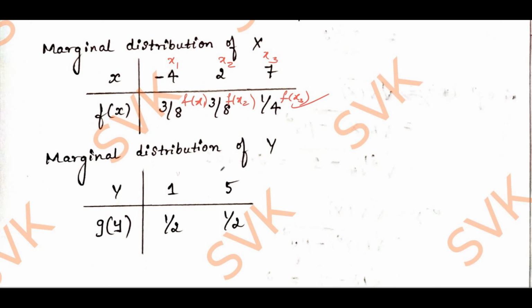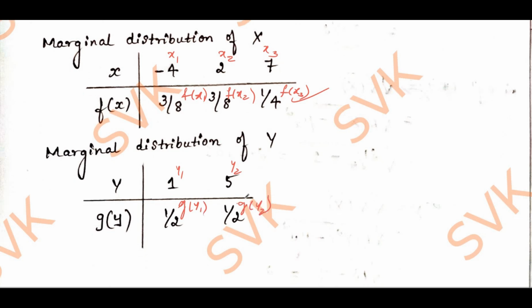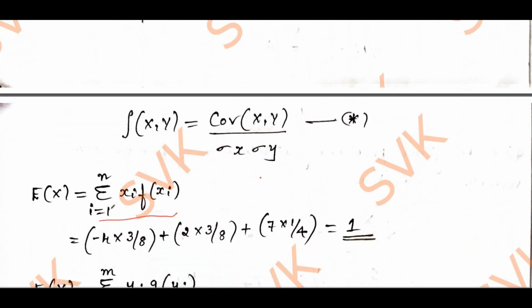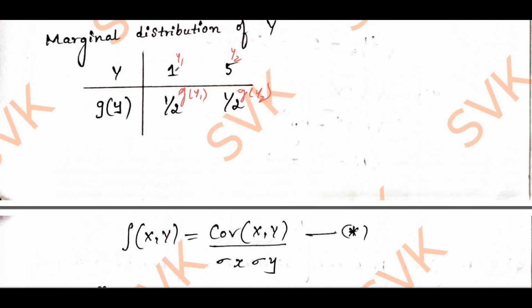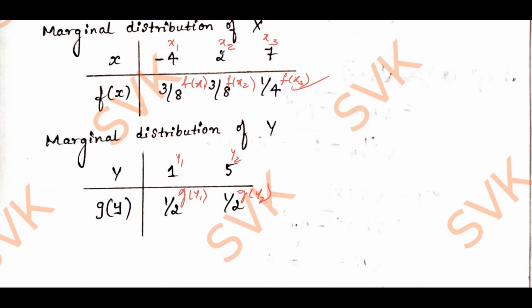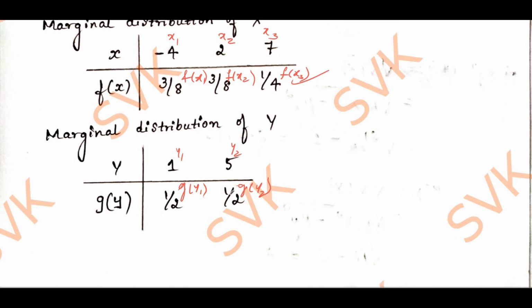This is y1, y2, and g of y1, g of y2. Knowing all these values, we can find E of x and E of y. So x1 is -4 multiplied by 3 by 8, plus 2 into 3 by 8, plus 7 into 1 by 4. Similarly for E of y, 1 into 1 by 2, plus 5 into 1 by 2.